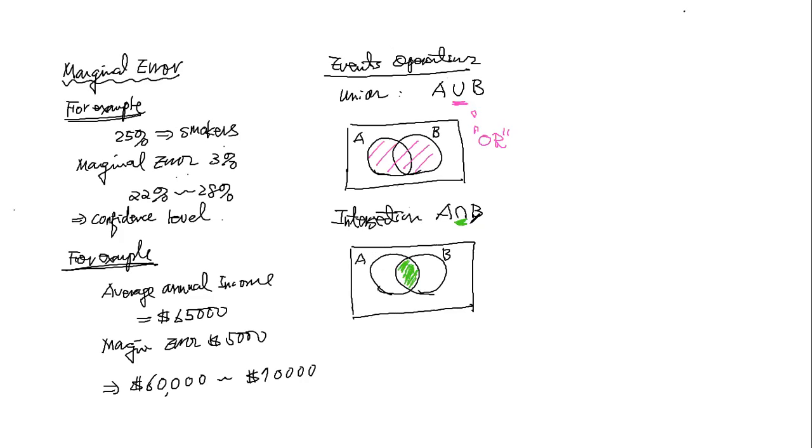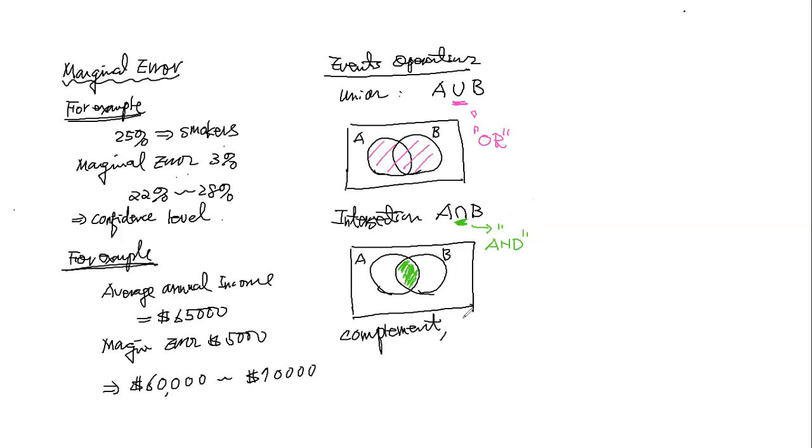Just like the union, the intersection also has a keyword, and the keyword is and. All right, so those are the two event operations. The other one we can call the complement.